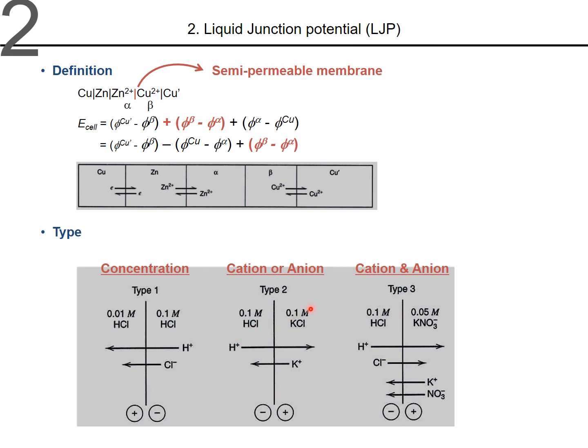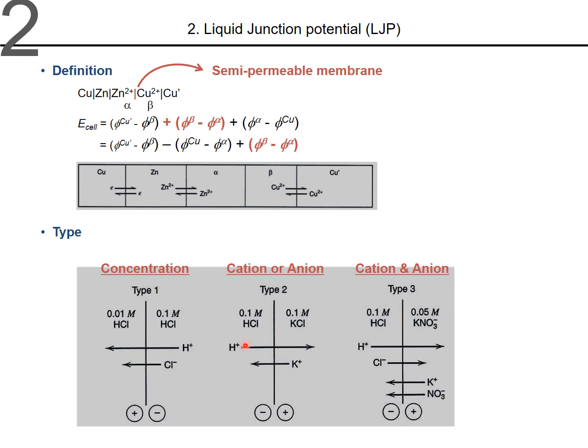In type 2, we are using the same concentration of electrolyte. However, on the left side we have HCl, but on the right side we have KCl. That is to say, the different thing is the cations. Proton is moving from the left side to the right side because on the left side we have a higher concentration of proton.